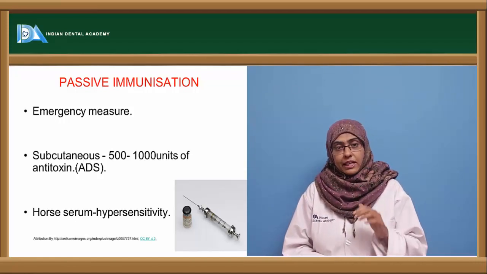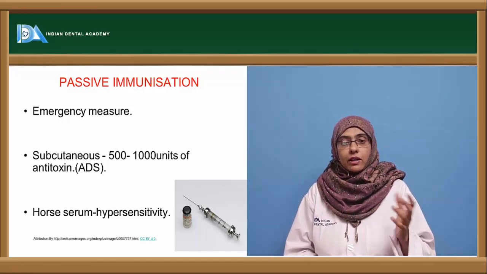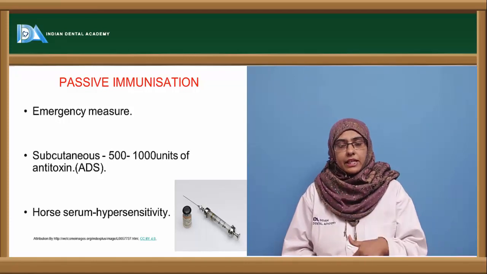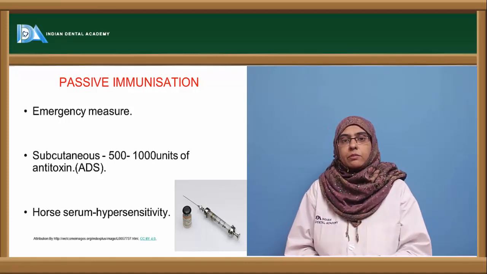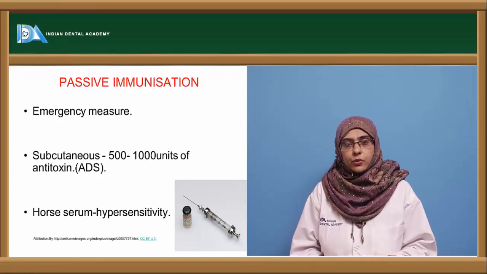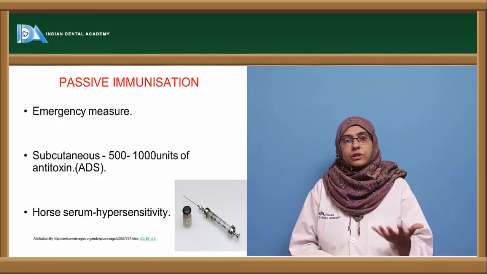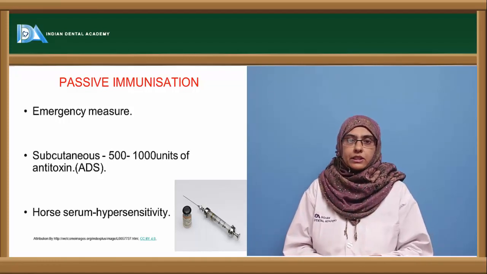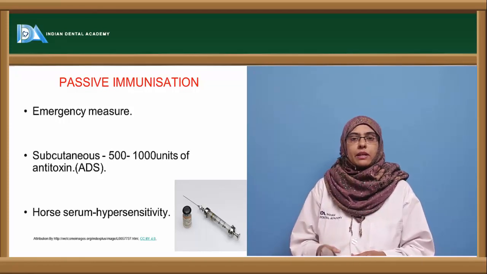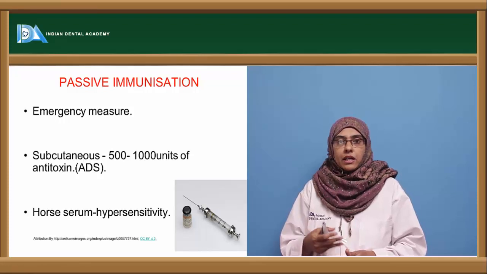So in active immunization, we use the organism or the toxin directly to convert it into toxoid. But in passive immunization, we give the antibodies to protect the children from the disease, mostly in emergency situations where we cannot wait for the child to produce his own antibodies to combat the disease. So in that case, the antibodies that have already been grown in horse serum can be given to the individual who is suffering from the dreadful disease.